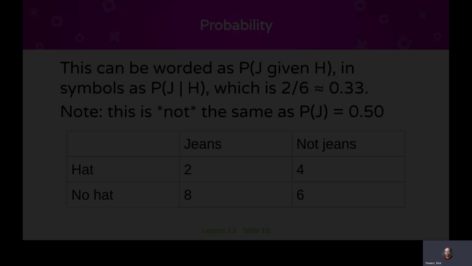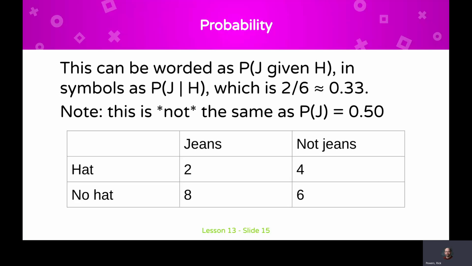This can be worded as the probability of jeans given hats. In symbols, P(J|H), which is 2 out of 6, approximately 0.33.